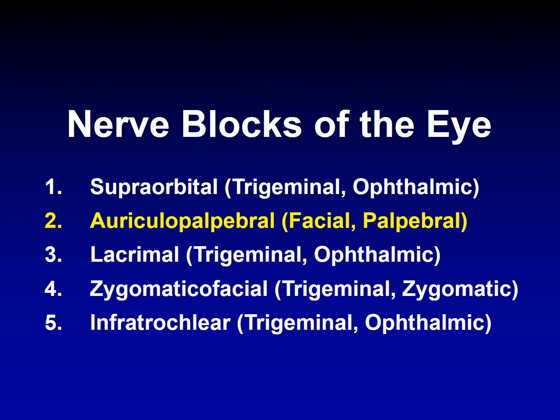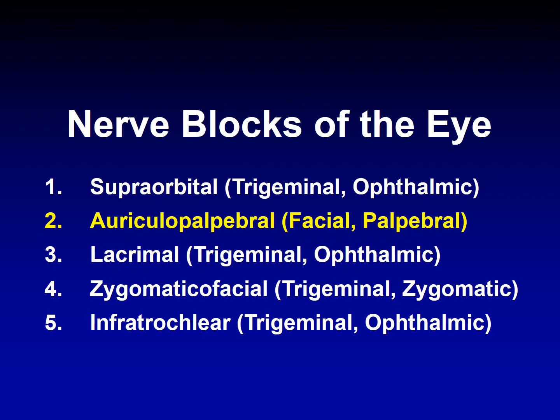Here I try to simplify the way you're going to memorize the nerves. 4 out of 5 nerve blocks are coming from the trigeminal nerve. So the supraorbital, lacrimal, zygomaticofacial, and infratrochlear are all coming from the trigeminal nerve, the fifth cranial nerve. Only the auriculopalpebral is coming from the facial nerve, which is the seventh cranial nerve.